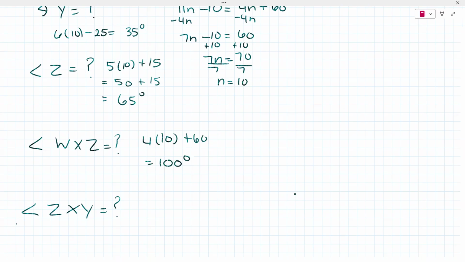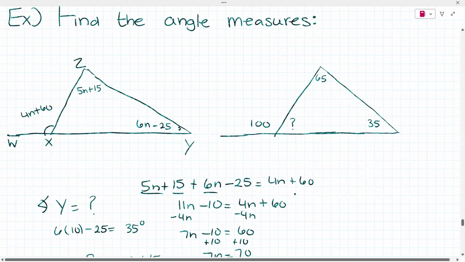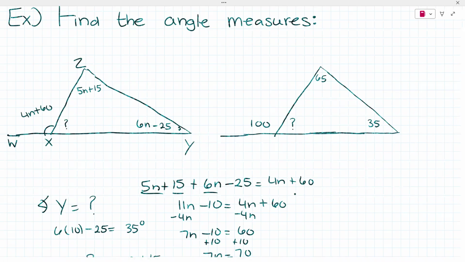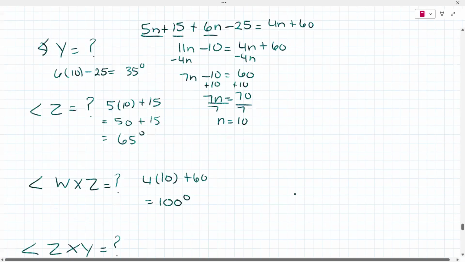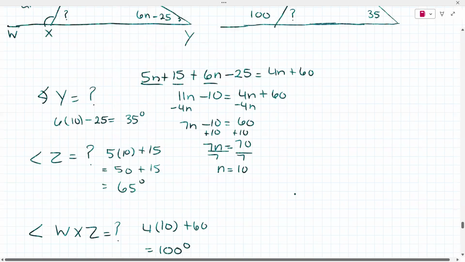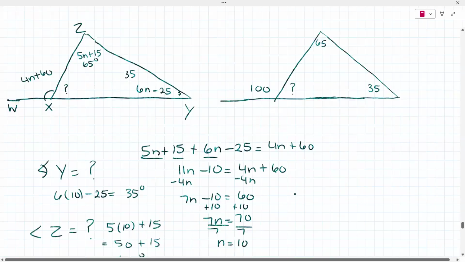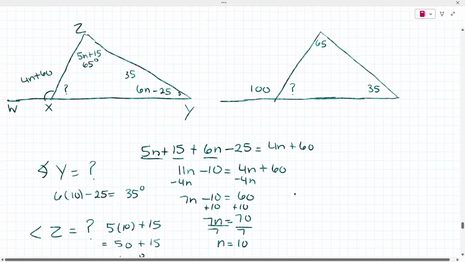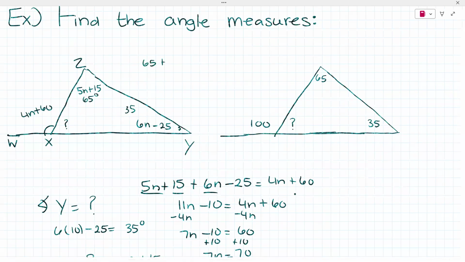Can we figure out what angle ZXY is? Yes, we can. It's this angle. And we know that angle Z is 65 degrees. We know that angle Y is 35 degrees. So to find this unknown angle, which I'll call ZXY, we know that 65 plus 35 plus angle ZXY is equal to 180.